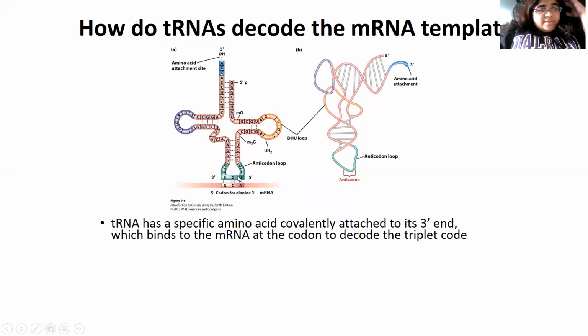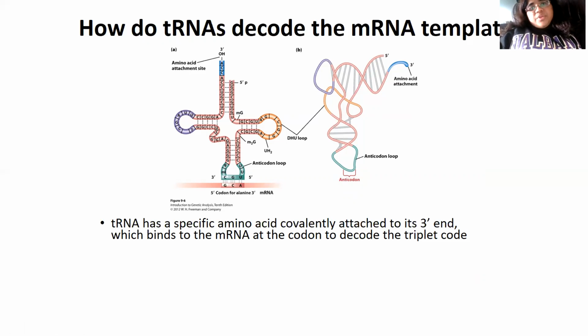In mRNA, when the different nucleotides come in, the tRNAs come in, and we have something called codons.